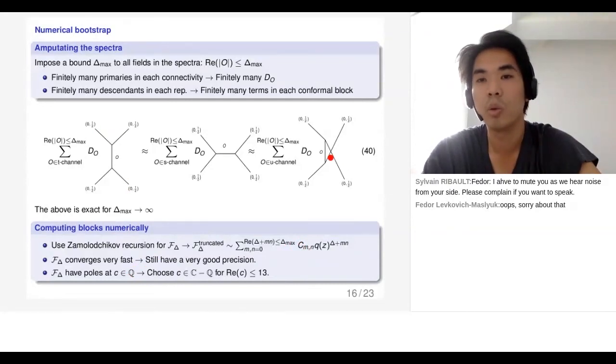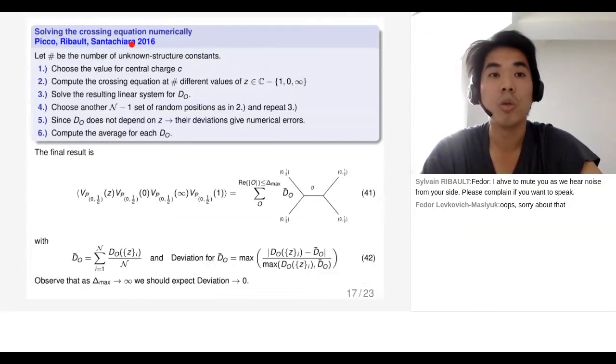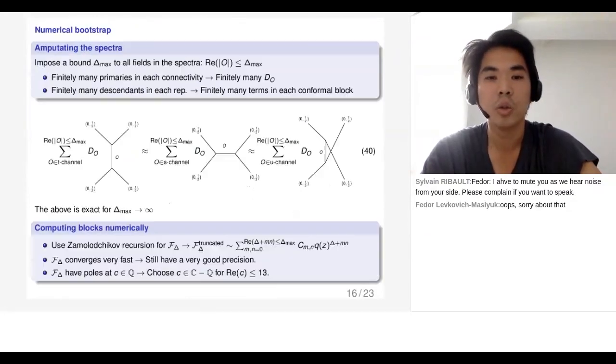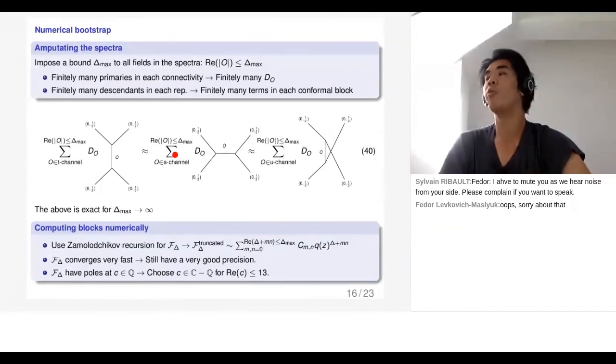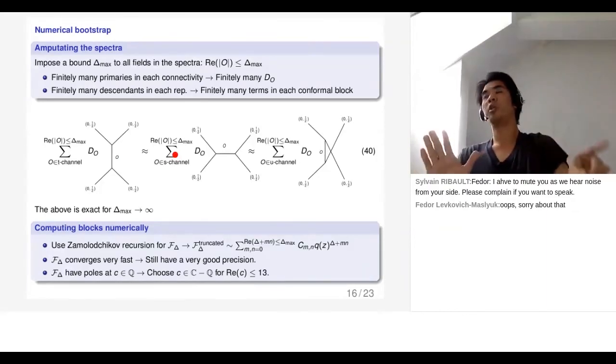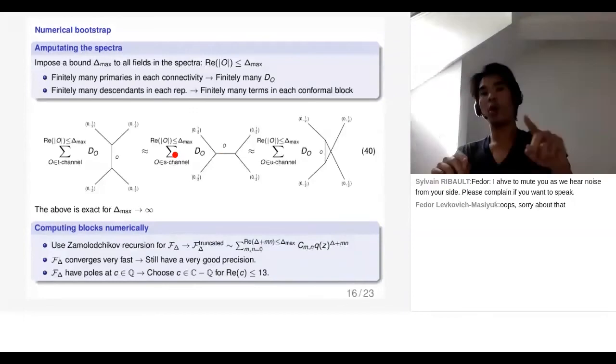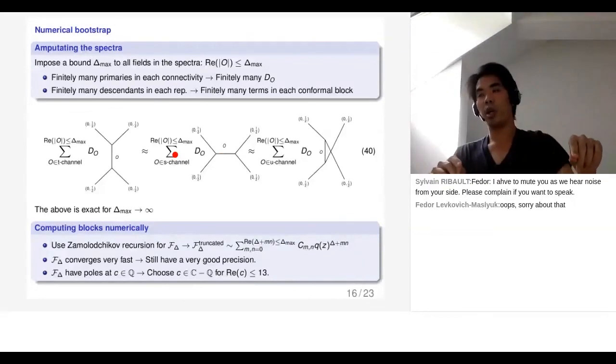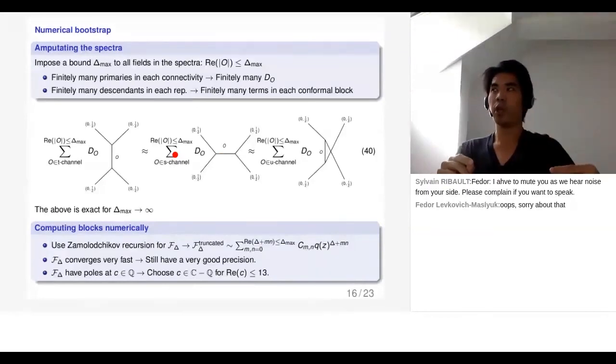So let us see how to solve for the structure constant. We shall follow the algorithm by Picco, Ribault and Santachiara. To solve this crossing equation, we first pick a value of central charge, and then we compute this crossing equation at as many different positions as the number of unknowns.